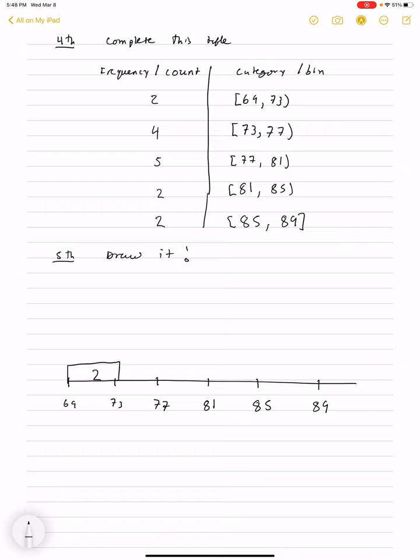I'll put 2 right there. Then I go from 73 to 77, and there's 4 of them, so I should be double height. So something like that, I can put 4, the count there. The next one has 5 of them. So let's do it like that. There's 5, then there's 2 again, and then there's 2. So this is the histogram.